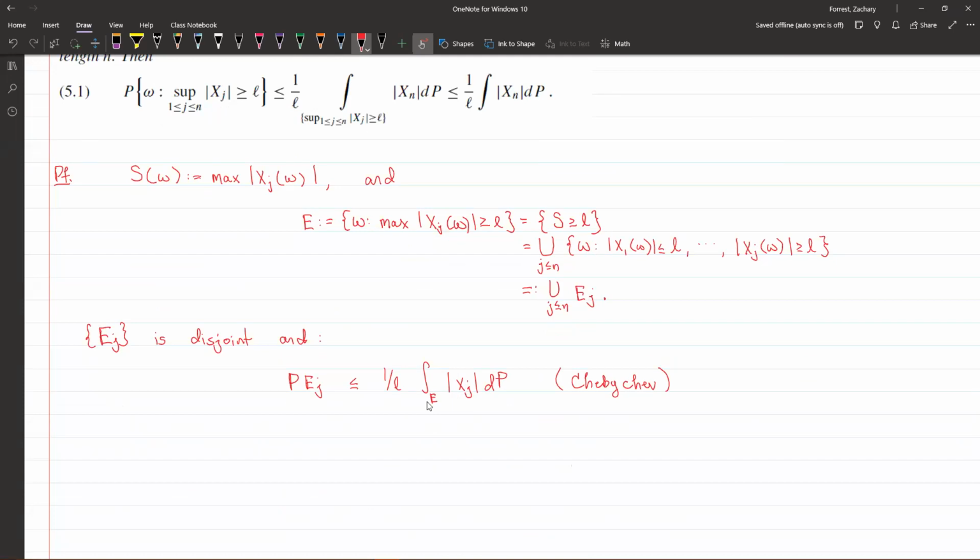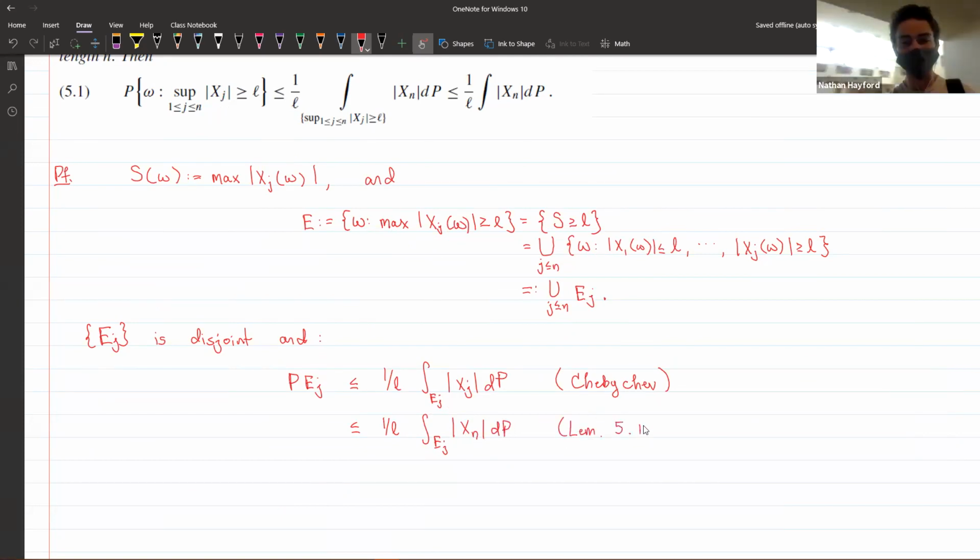So what we should end up finding from here is that because of martingale properties, because of lemma 5.1, instead I can change this inequality. Actually, I should go ahead and put this as EJ here. And I'll put instead of XJ, XN. I see. So this is where it gets used. Okay. Yep, that's exactly where it gets used.